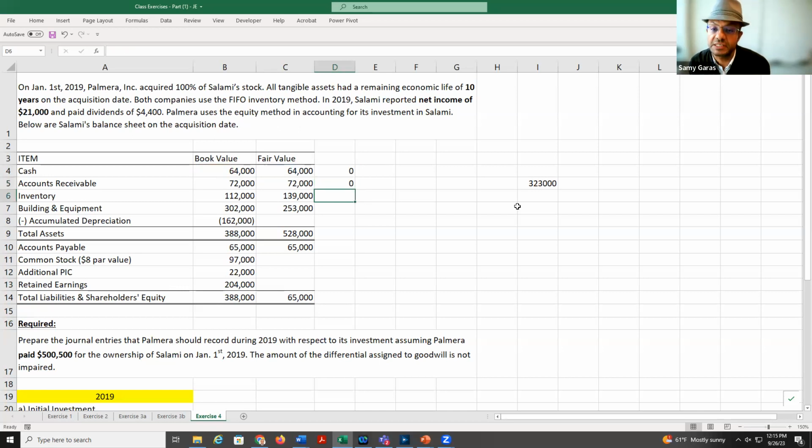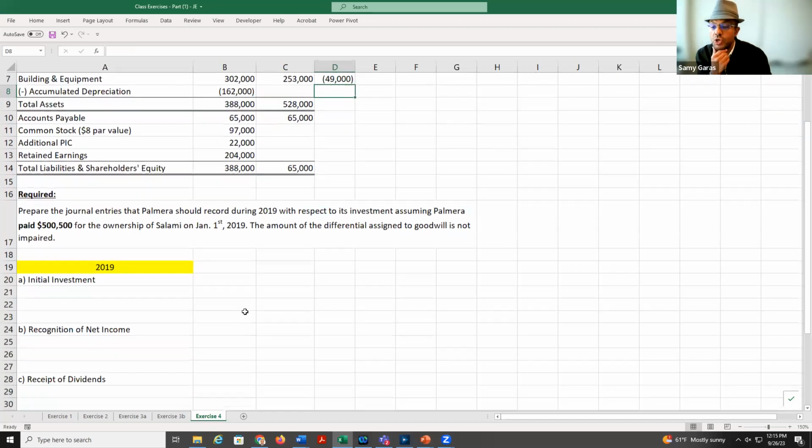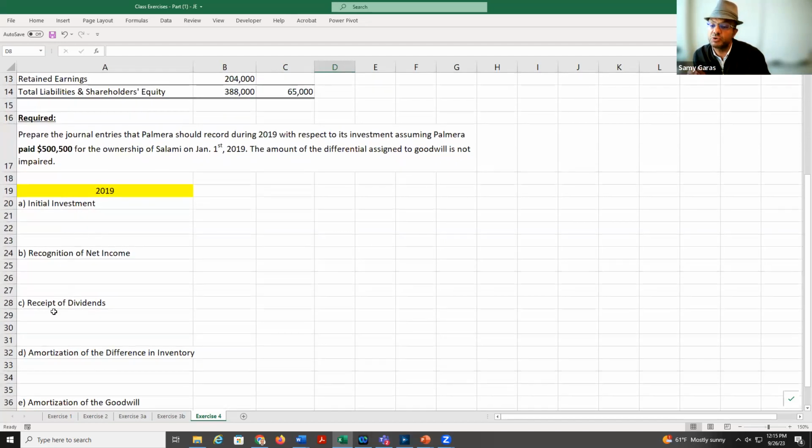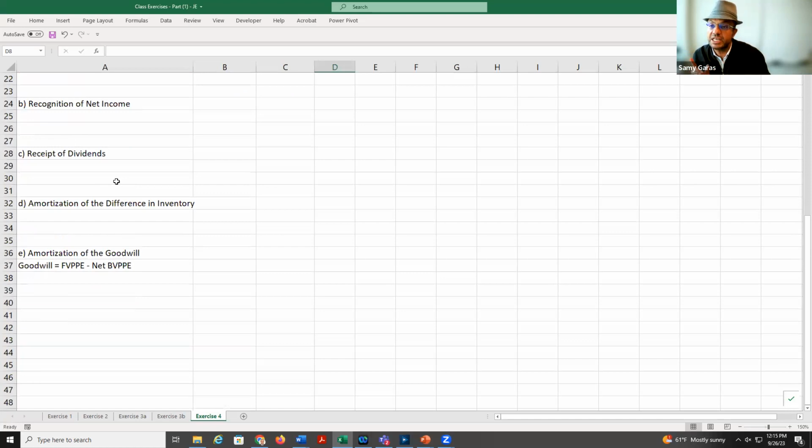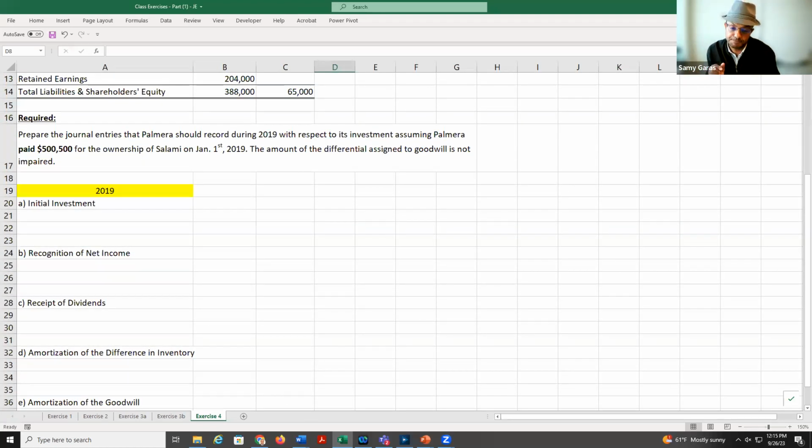There is no difference in accounts receivable, but there is a difference of inventory, and there is a difference here of the building and the equipment. And of course, we have the accumulated depreciation. So what I encourage you, again, take a minute to stop my video and think about the journal entries that you need to make here for only 1 year of 2019.